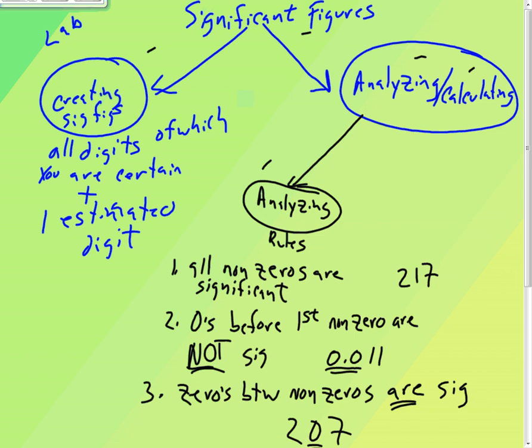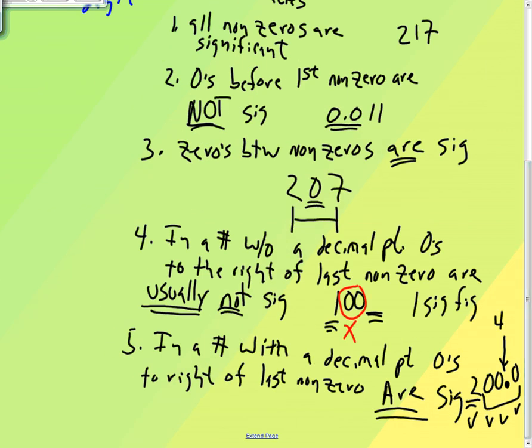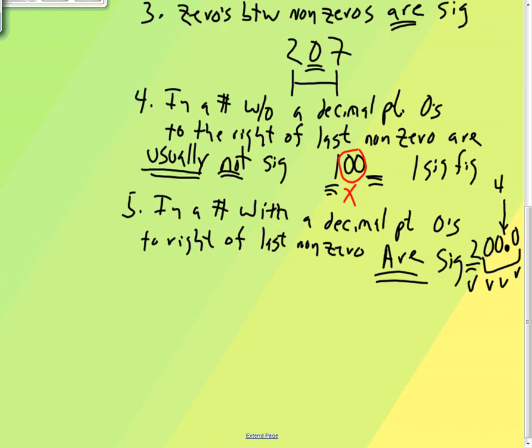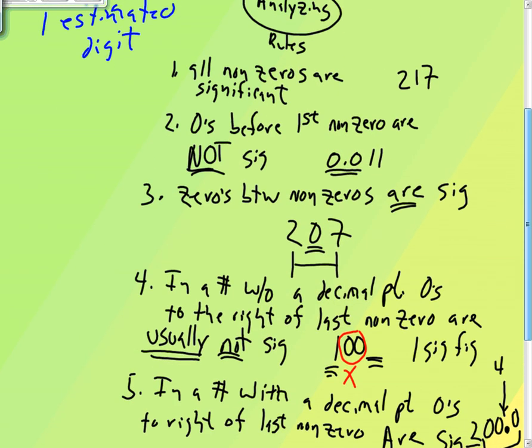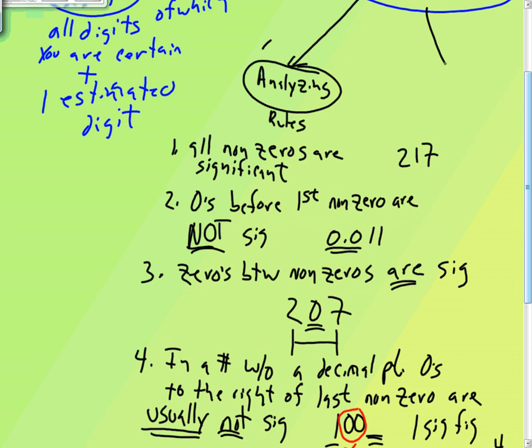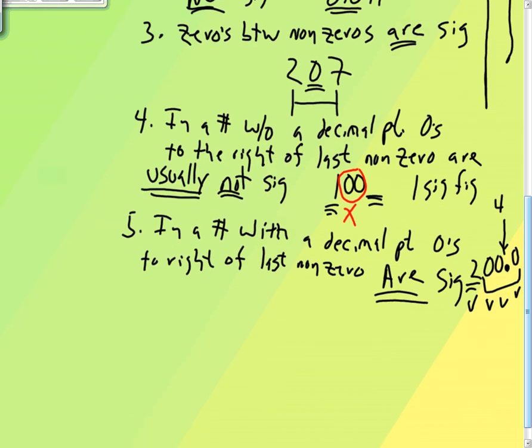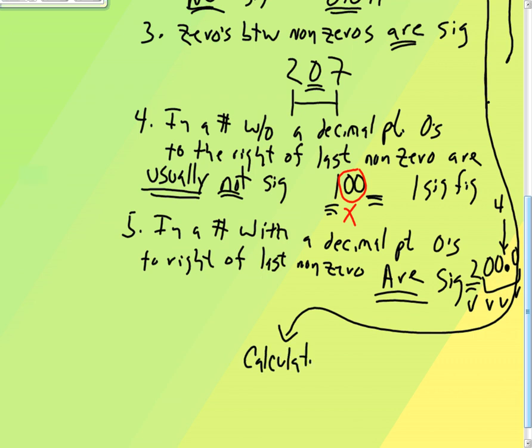So let me extend the page, and we're going to bring down our line from calculating. Here we go. And we're coming down. And what are we going to talk about? Calculating with sig figs.